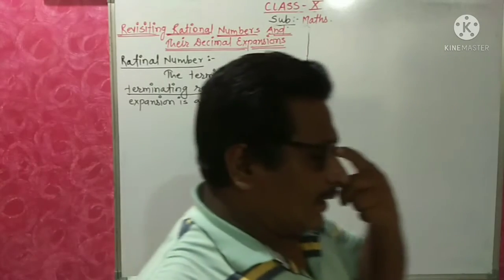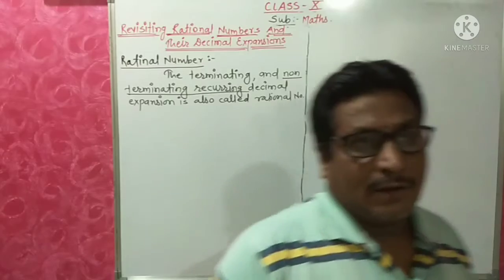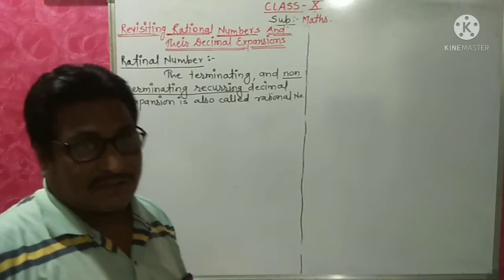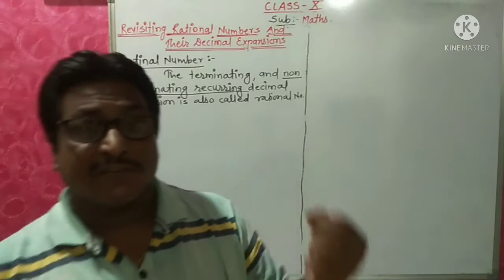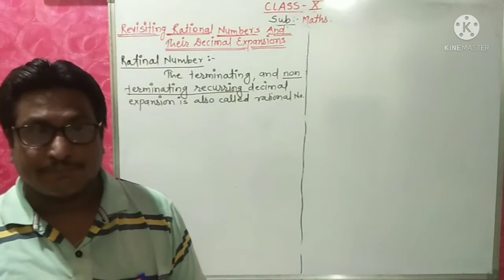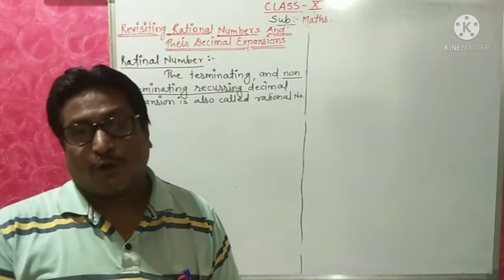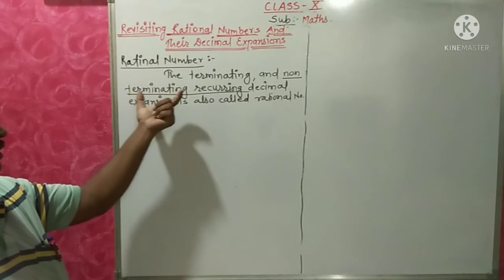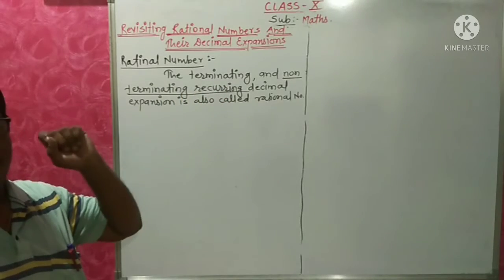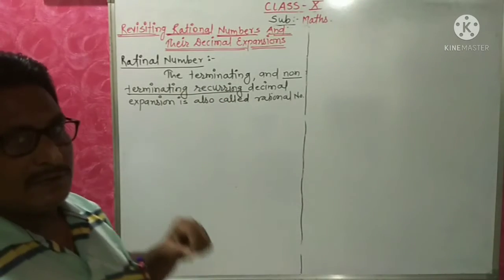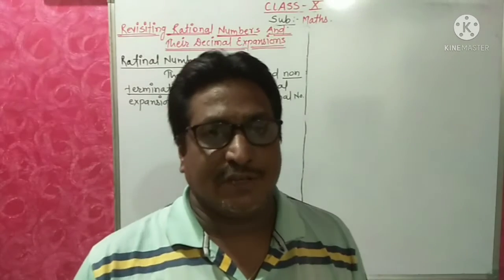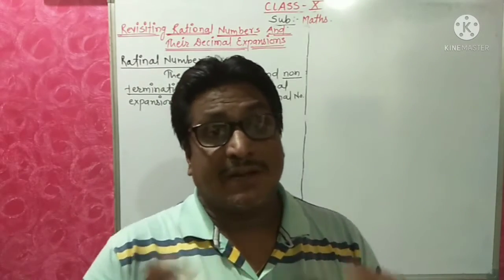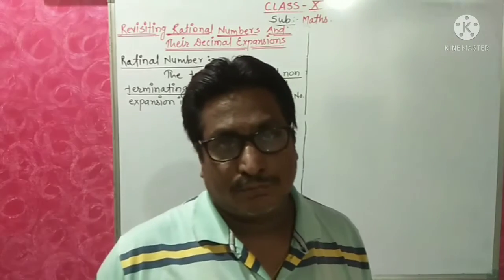So recurring and non-terminating, the meaning of these words we studied in 9th standard. Recall what we studied about non-terminating, terminating and recurring. Terminating means the remainder is 0. Non-terminating means the remainder is not 0.